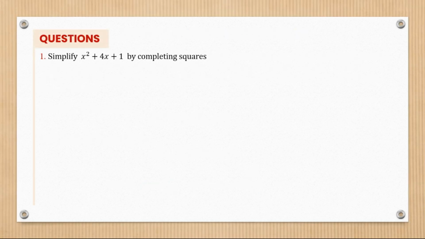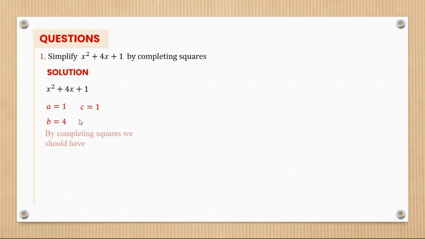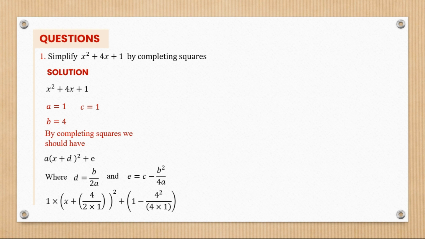So let's see, if you're told to simplify x squared plus 4x plus 1 by completing the square, how do we do this? As you can see, a is equal to 1 because the coefficient in front of x squared is 1 in this case. Then c is equal to 1 also, and b is equal to 4. So by completing the square, we should have a into x plus d squared plus e. Now let's first find d. Remember, d is b over 2a, and e is equal to c minus b squared over 4a. Now let's substitute that in.